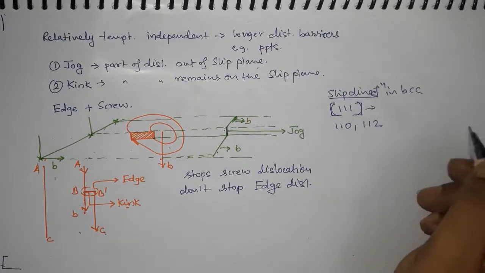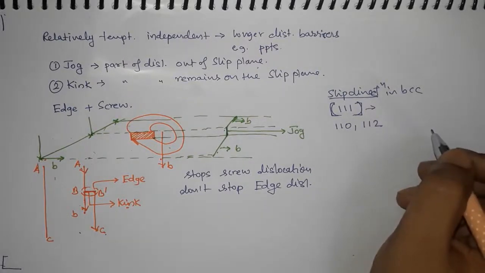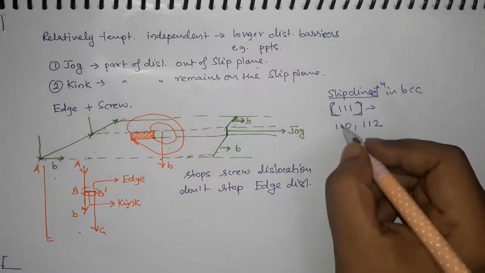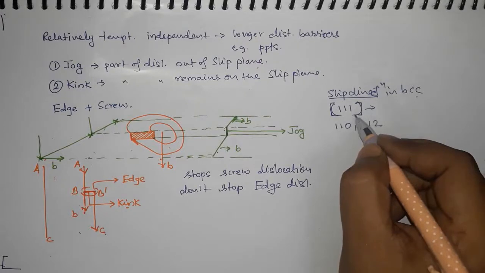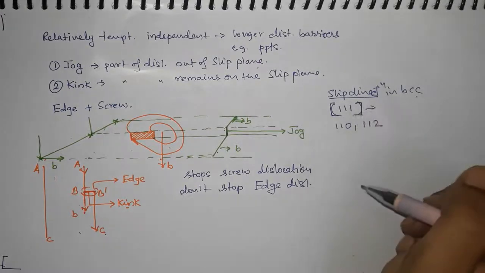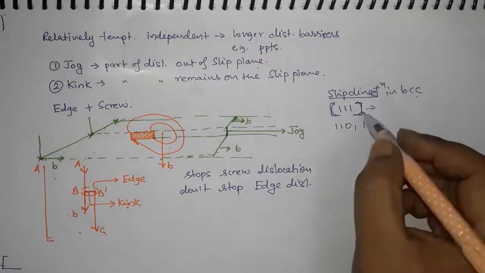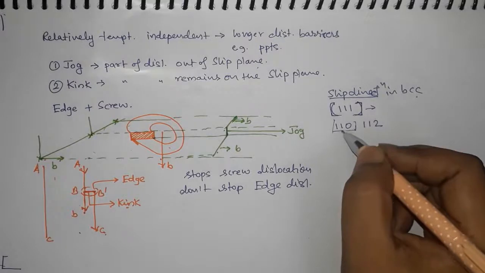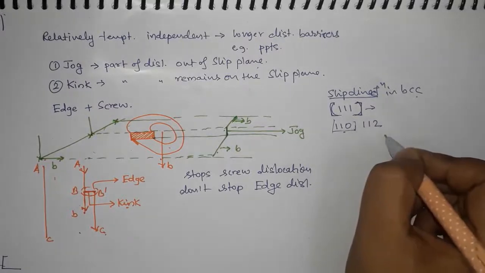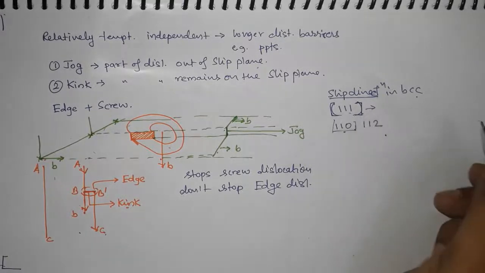The information is that in BCC you can have many more screw dislocations in comparison to edge dislocations, because screw dislocations, as long as they can move, don't need a plane for movement. They can move from one plane to another as long as they are moving in the 111 direction. So they are plane independent.